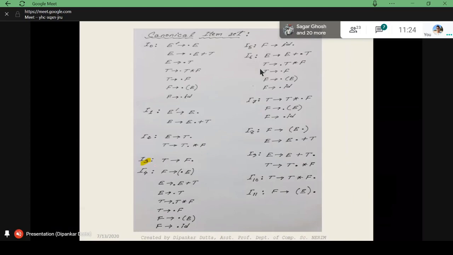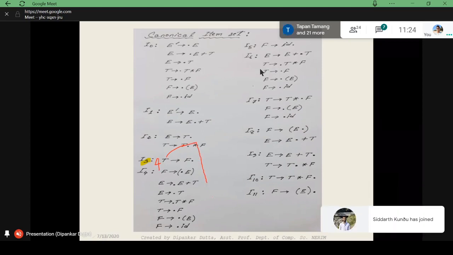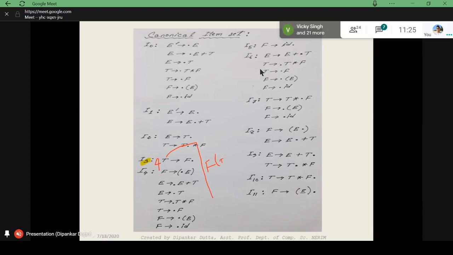So then here, 3, so T implies F, this is the fourth production. And the follow for capital T, we have already found: plus, right parenthesis, star, and dollar. These are the set of B's, and the I value is 3.